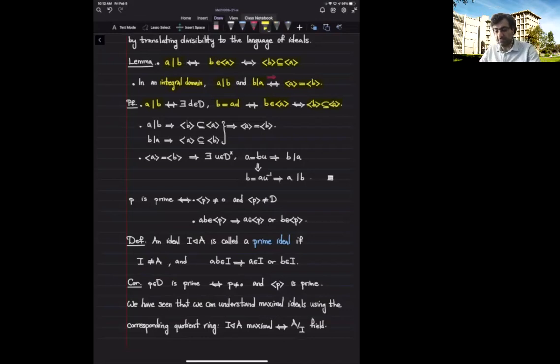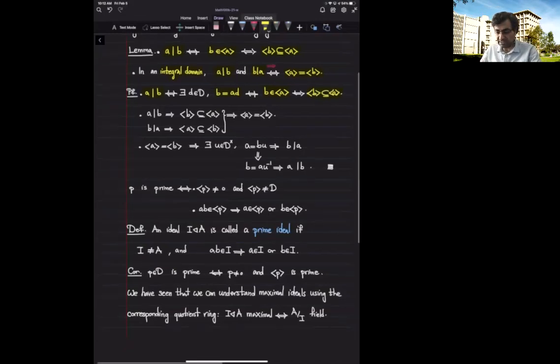So immediately we get the first part. Now, if A divides B, then the ideal generated by B is a subset of the ideal generated by A. When B divides A, I get the other way around. Therefore, these ideals are equal. So that shows this direction of the second part.